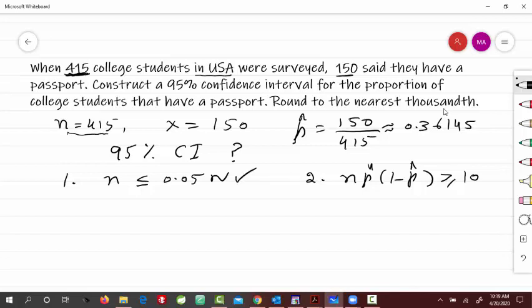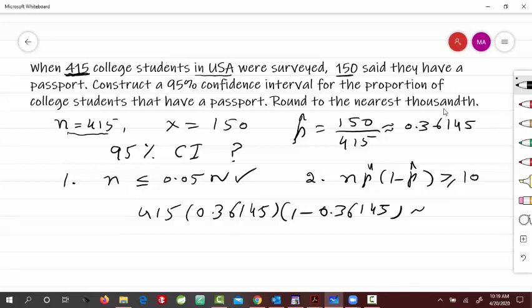And the second condition is that n times p hat times 1 minus p hat should be greater than or equal to 10. We can quickly compute it. n is 415, so 415 times 0.36145 times 1 minus 0.36145, which is approximately equal to 95.78, and which is definitely greater than 10.